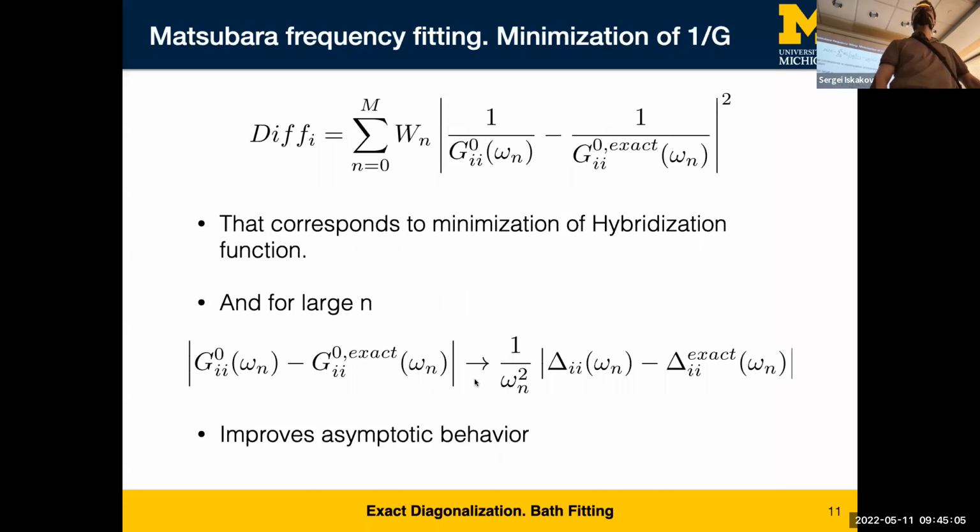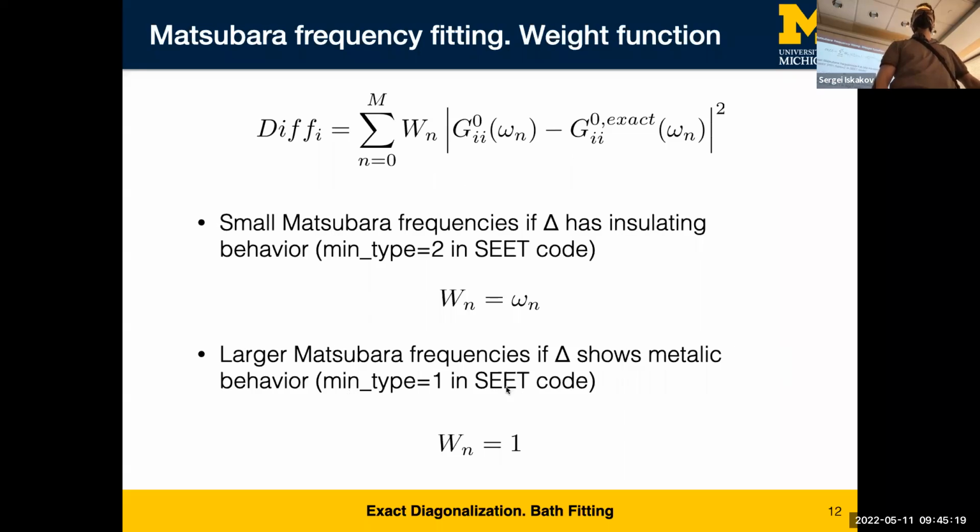So if you go here, you will have omega n here, and then the difference between the 2 deltas, which ensures that you properly fit the high frequency part. And if you have a metallic behavior of your delta, you set the omega n to 1, or set this mean time to 1, and then you just do the minimization of the least square problem for your delta.